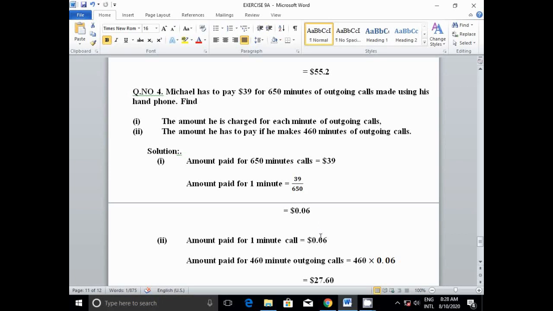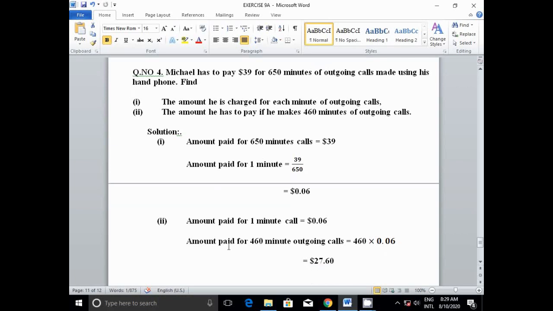Let's do it. Amount paid for 460 minutes of outgoing calls equals 460, which is the total time, multiplied by 0.06, which is the amount paid for 1 minute. If you multiply these two quantities, we get the product $27.60, which is the total amount paid for 460 minutes of outgoing calls.